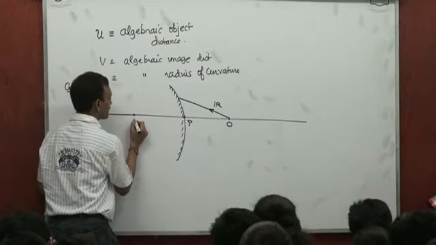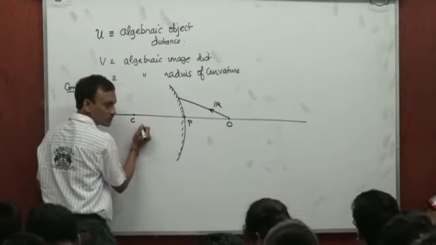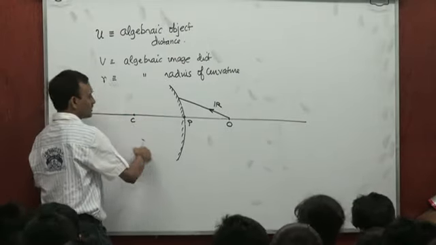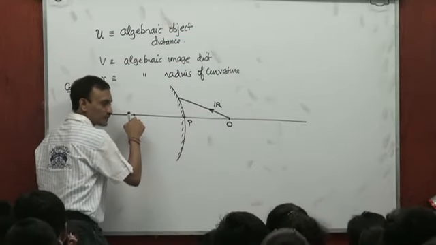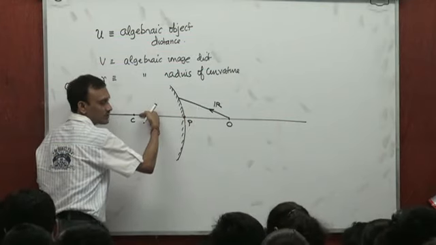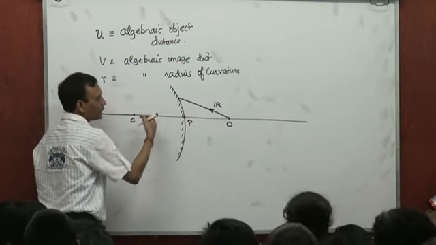Let's say this was the center of curvature of the mirror, right? The center of curvature of this mirror would lie here, because conceive a sphere like this. So the center of the sphere would lie here. So the center of curvature of this mirror would lie somewhere here, right?